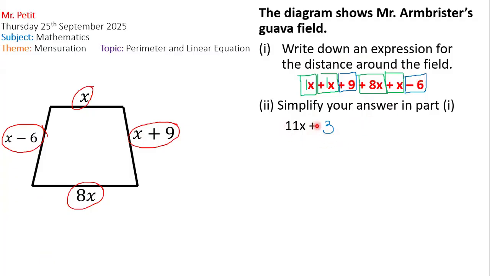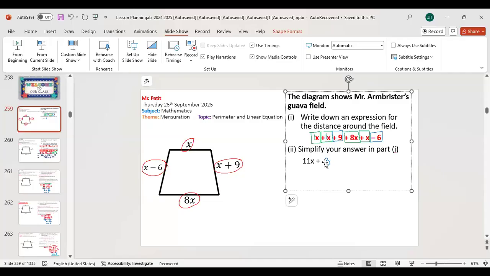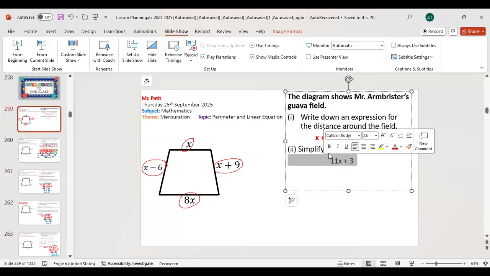So that means my expression is definitely 11x plus 3. And that's my simplified version. Are we good so far up to this point? Let me know, please. Yes, sir.